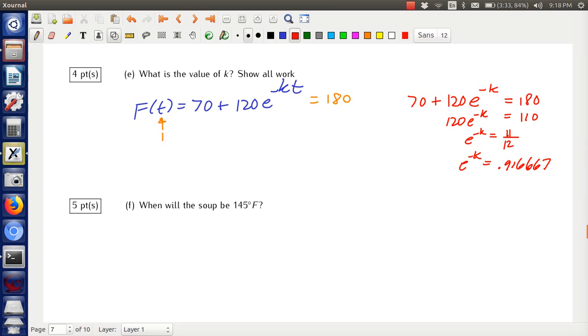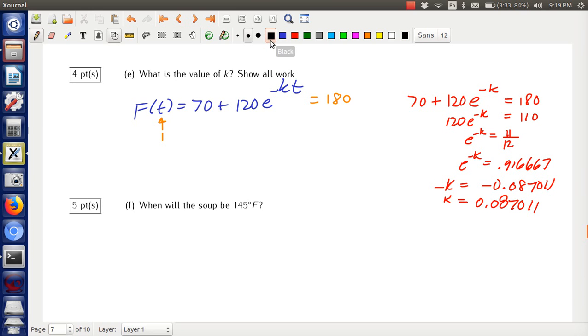Alright, now I'm going to take the natural log of both sides, and I'm going to get minus k on one side and natural log of that quantity on the other side. Then I'm going to drop the negative sign on both sides. Something like that. Alright, so I found out what k was, and I showed all the work. So I actually have the whole model.